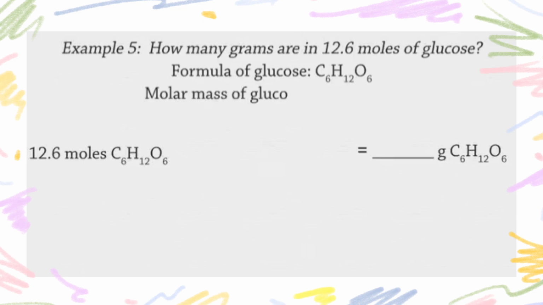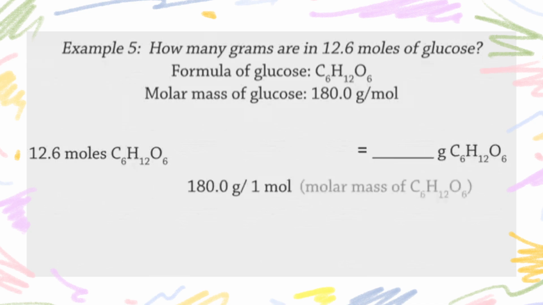The molar mass of glucose is 180.0 grams per 1 mole. We calculated that in example 2. We'll write that as a fraction equal to 1 to use it as a conversion factor. 180.0 grams over 1 mole.